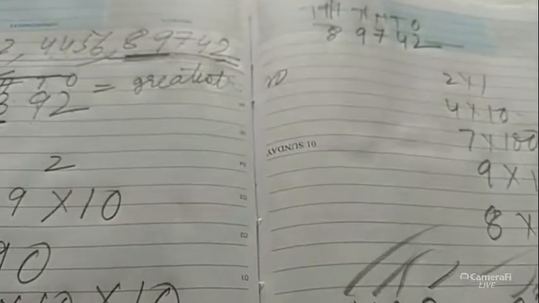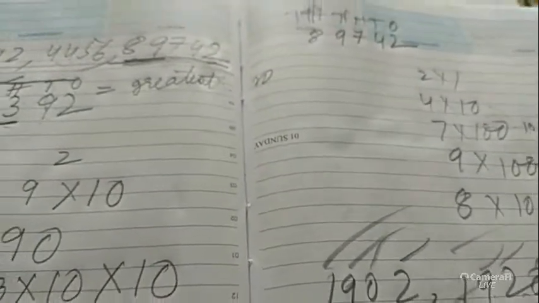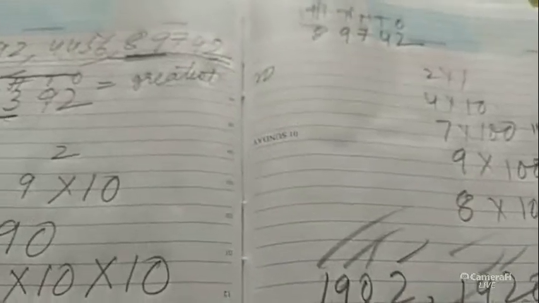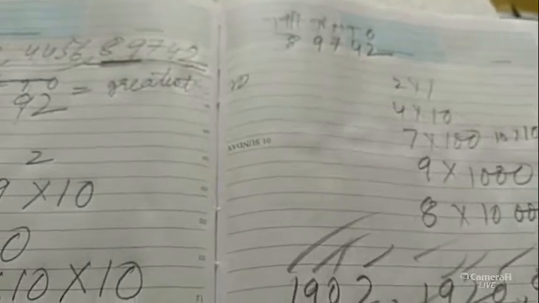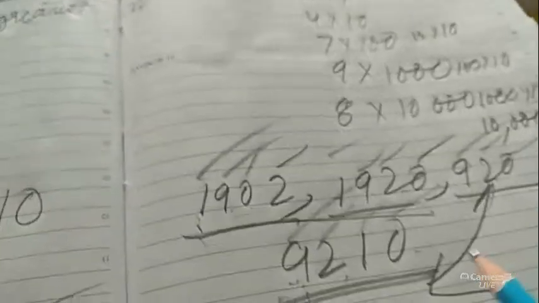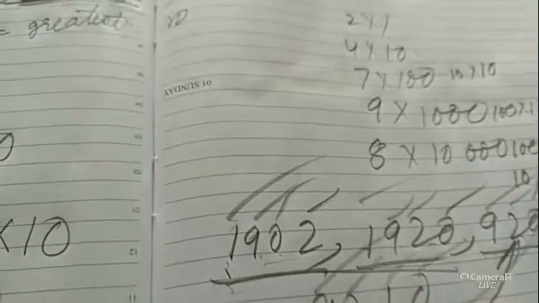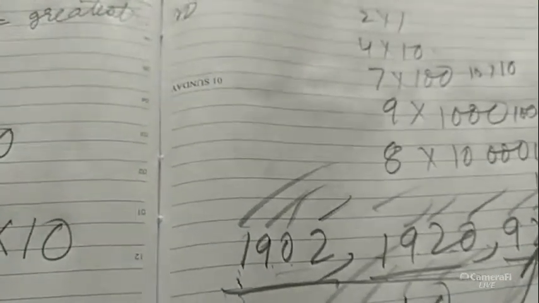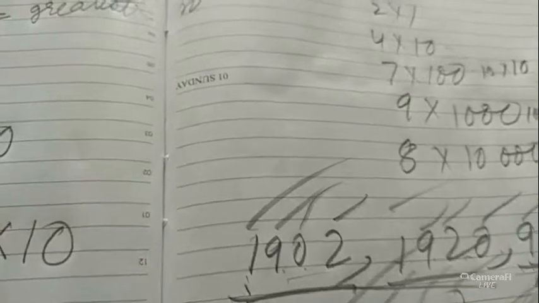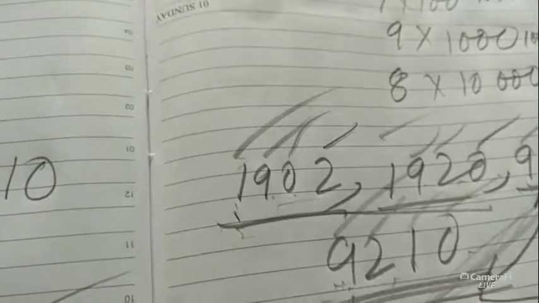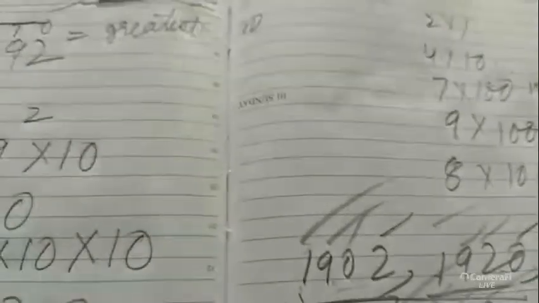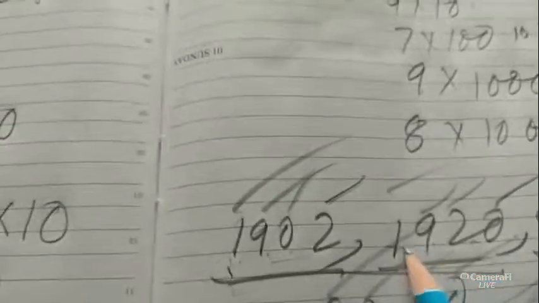So you have to compare between these two, because in both, 9 is in the thousands place. Now for the greatest number, in between the two you have to compare. So 9210, 9210, both are the same, so 9210 is the greatest number.